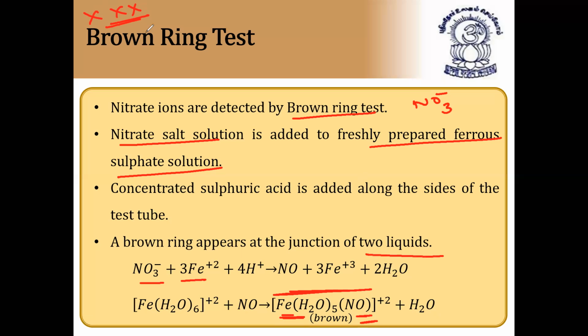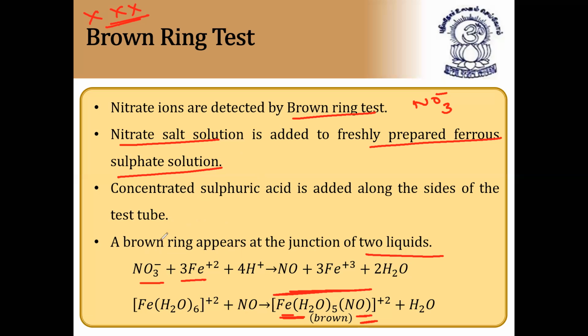So it can be easily remembered. But in competitive exams, they will not ask simply what is formed. They can ask two questions based on this. What is the first question? When nitrate salt solution is added to freshly prepared ferrous sulfate solution along with concentrated sulfuric acid, the first option they will give is that a brown ring is formed at the junction of two liquids. That is the answer.